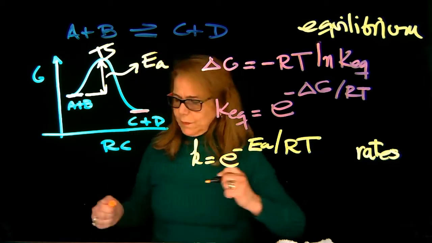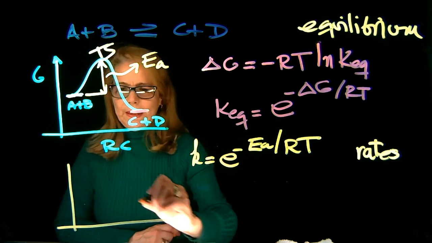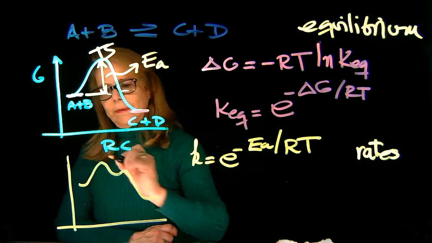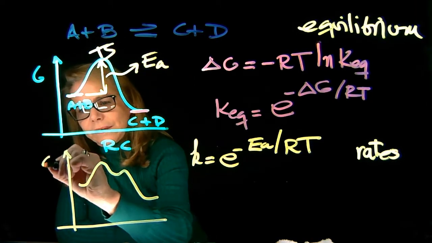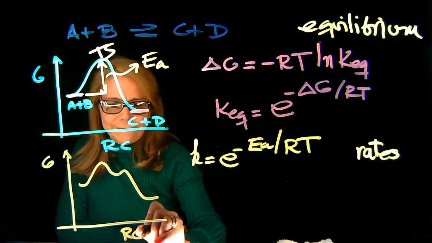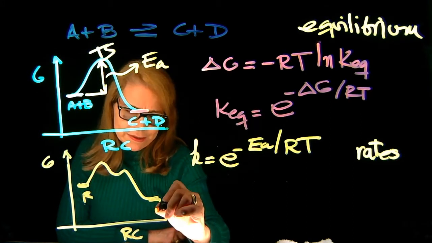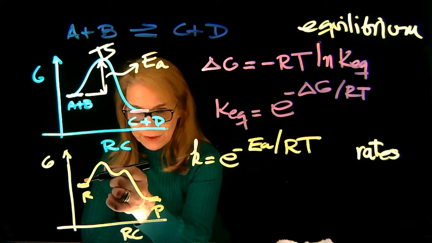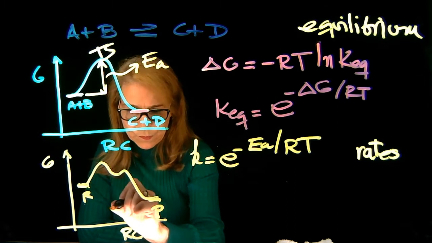Now, let's do something else here, another profile. Let's say that I have a profile just like this one. That's a different reaction. Here I have again G, reaction coordinate. If this is reactants and this is products, I see that products are below reactants.